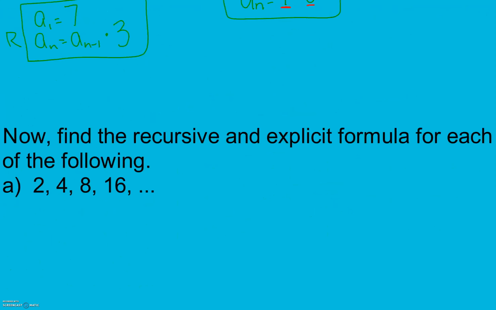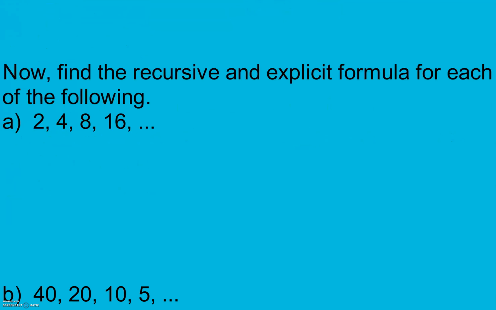Now, we're going to find the recursive and explicit formula for each of the following. So I'm going to have a recursive and explicit. Remember, with recursive, we have to have our first value, and the amount of any term is the term before it times our common ratio.